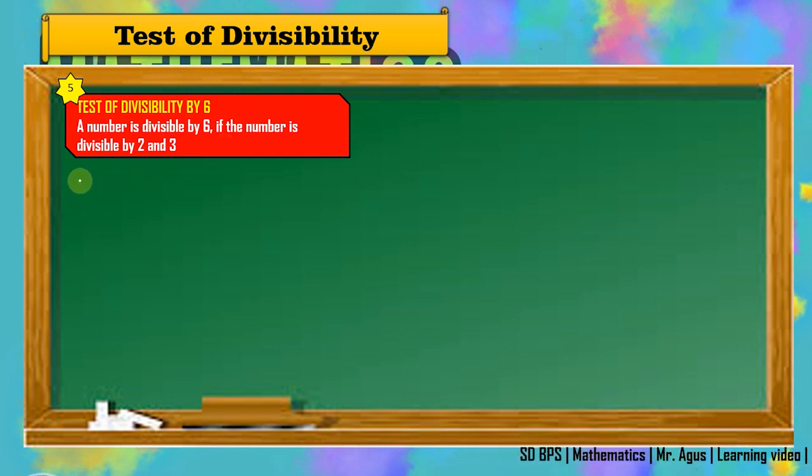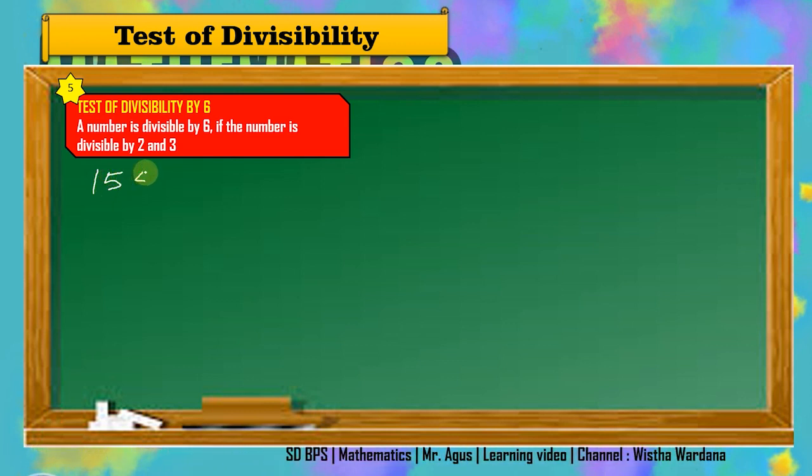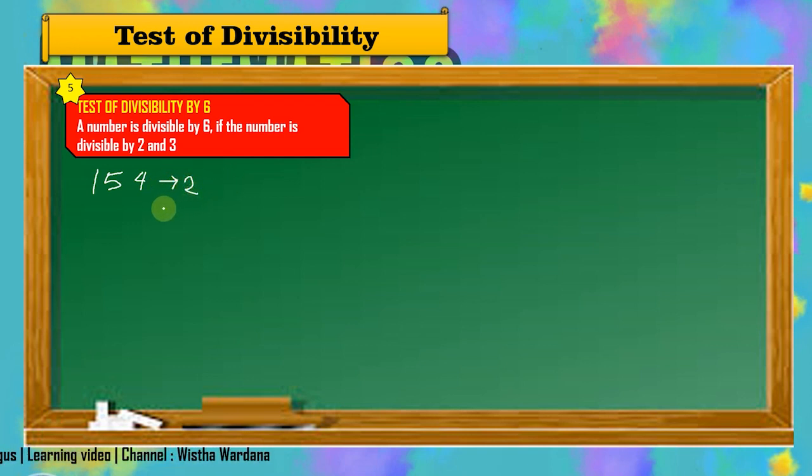For example, if we have 154, in this case you have to check: is 154 divisible by 2? Yes. And how about 3?